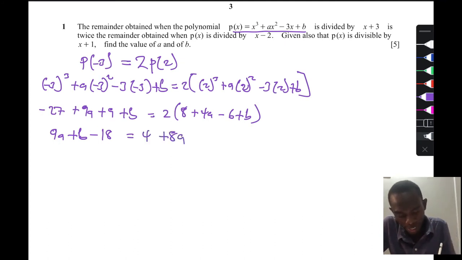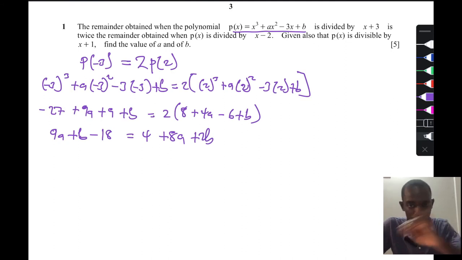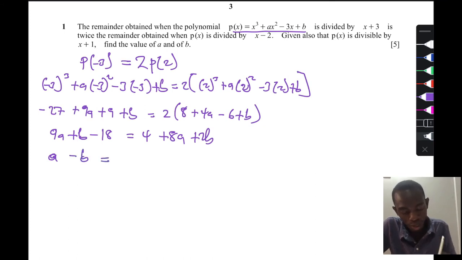They have 8a plus 2b. So let's move everything to the left hand side. You have 9a and 8a, you subtract, you are left with a, and then you have b and 2b, subtract, and negative b is equal to 4, you bring the 18, and 18 plus 4 is 22. That's correct, 22. Call that equation 1.